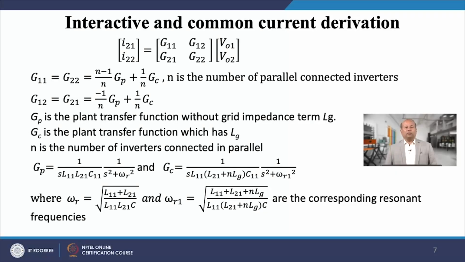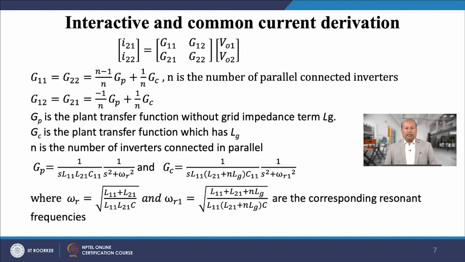After solving the circuits shown in the previous slide, we can obtain the values of G11, G12, G21 and G22, the elements of the gain matrix. Because of the symmetry that we just spoke about, we get G11 equal to G22, and the off-diagonal elements G12 equal to G21. So, what does this indicate?